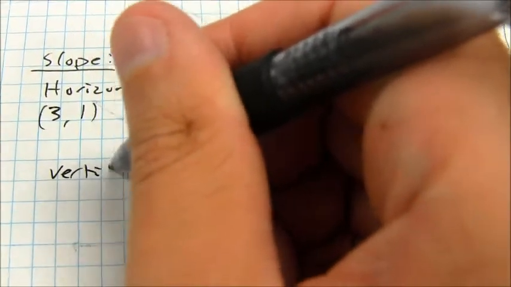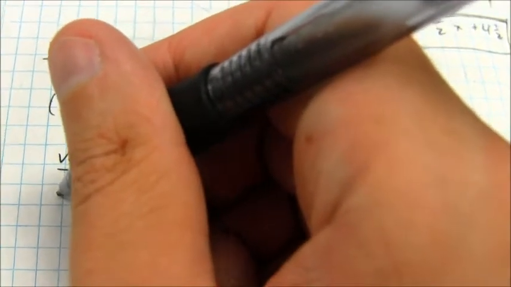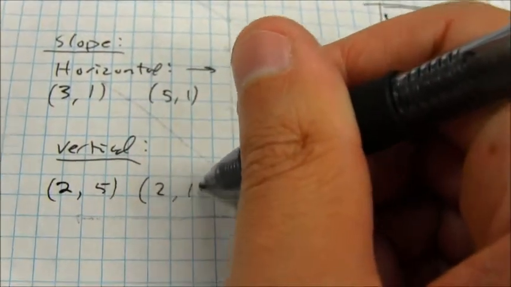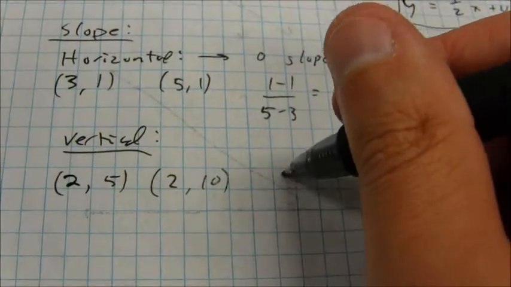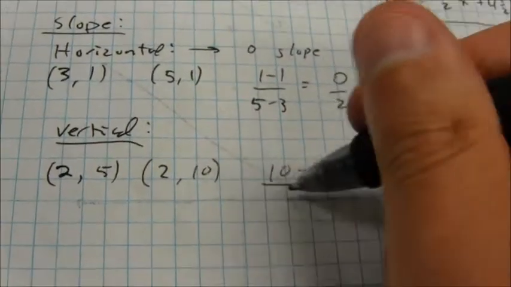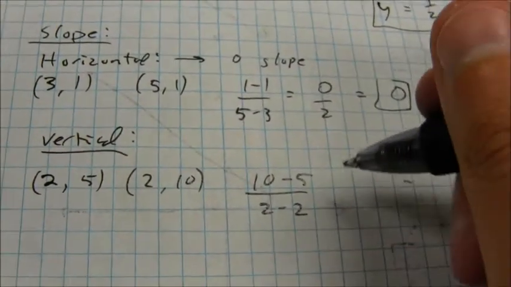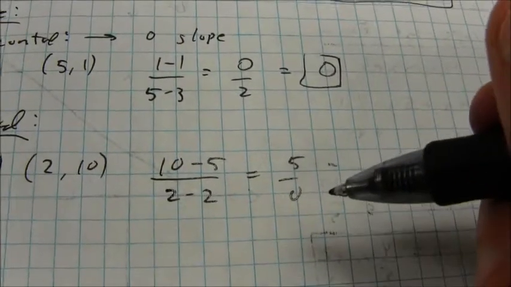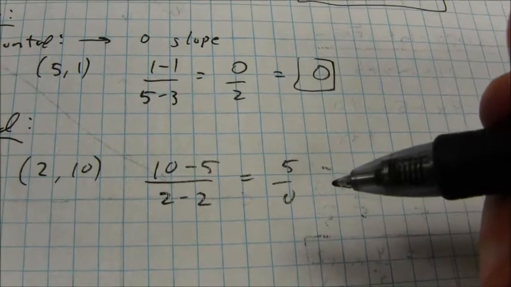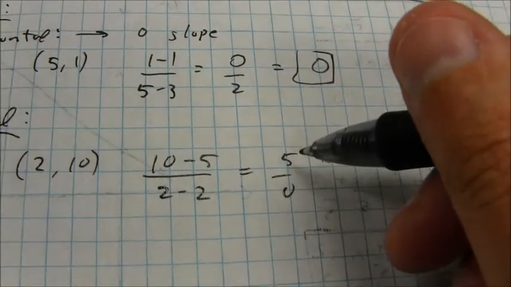A vertical line will have the same x values. It'll have points like 2, 5 and 2, 10, something like that. y2 minus y1, that's going to be 10 minus 5 in this case. On the bottom, x2 minus x1. And notice in this case I get 5 divided by 0. If you think logically about this, division is really asking how many times 0 goes into 5.